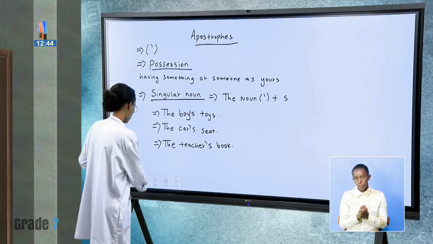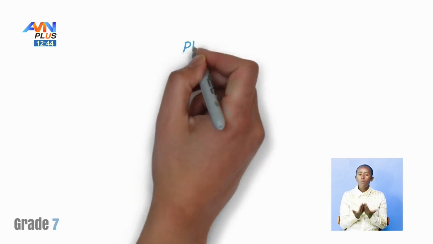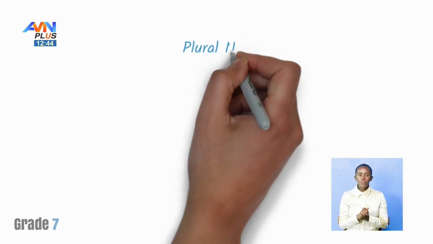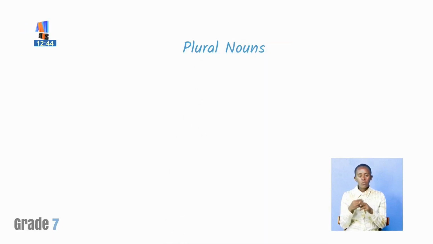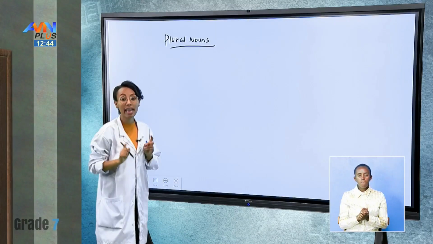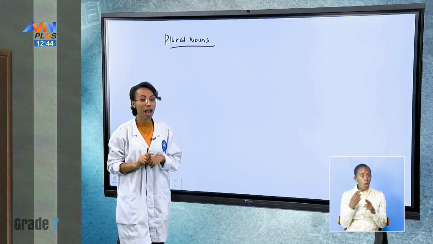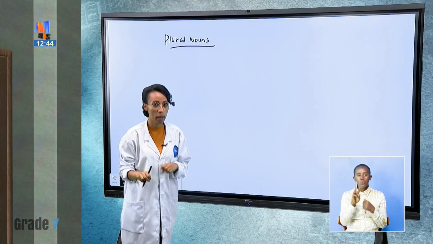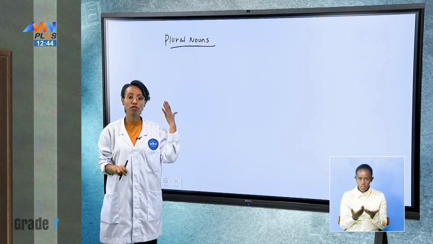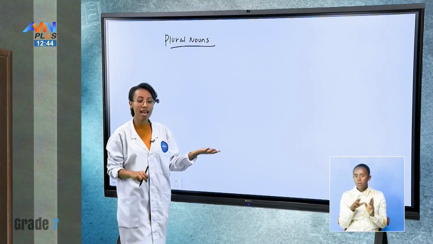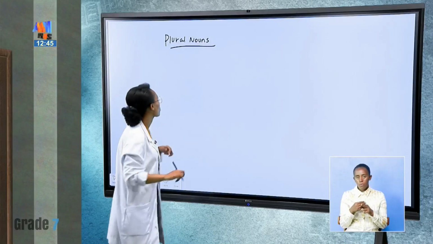What about plural nouns? In the case of plural nouns, we have two rules because we have regular plural nouns and irregular plural nouns.